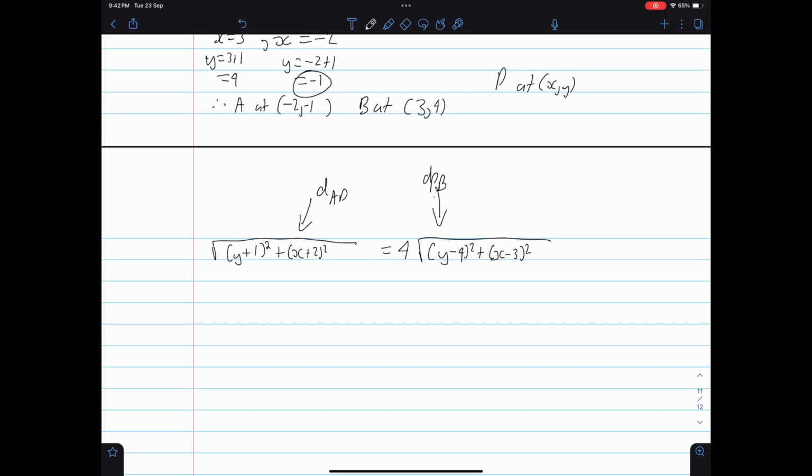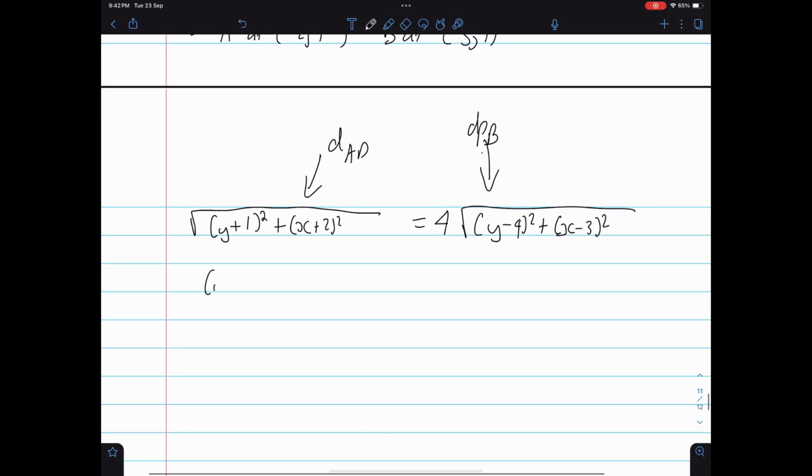And what I would do is I'd just square both sides.